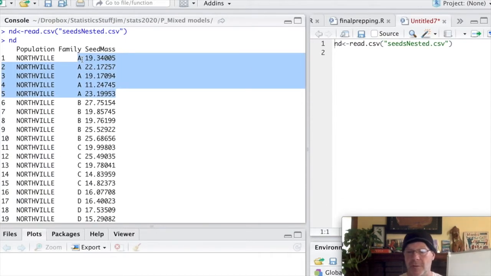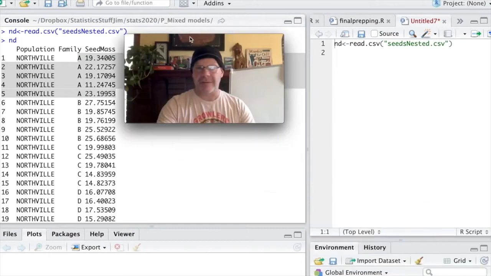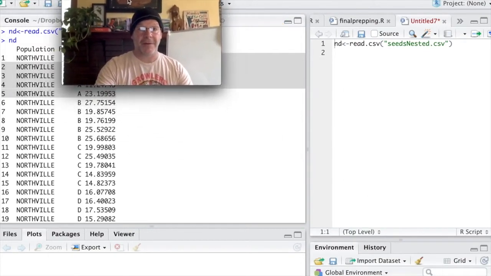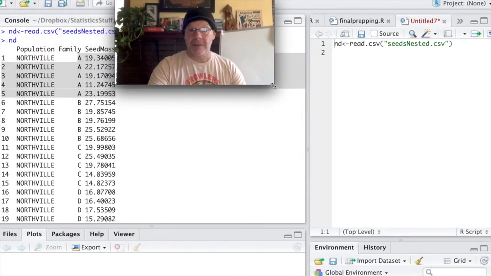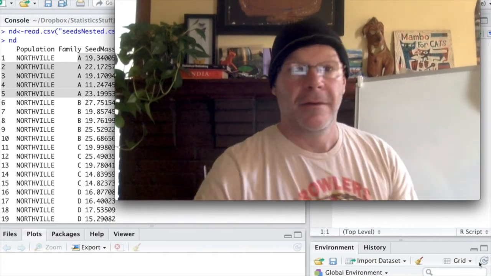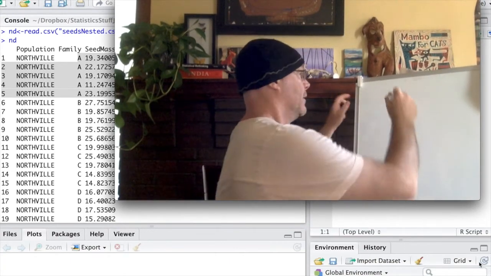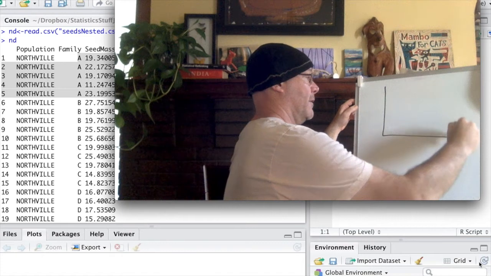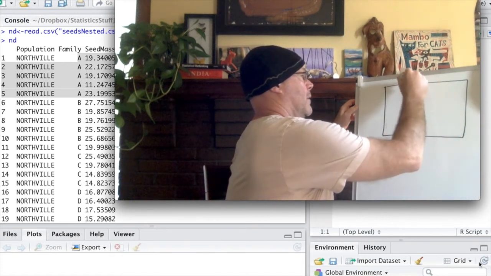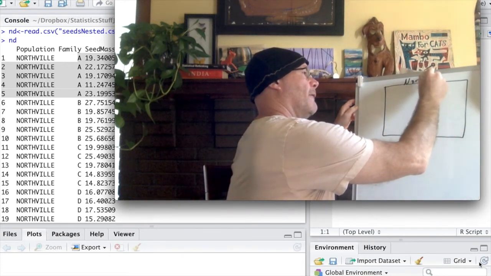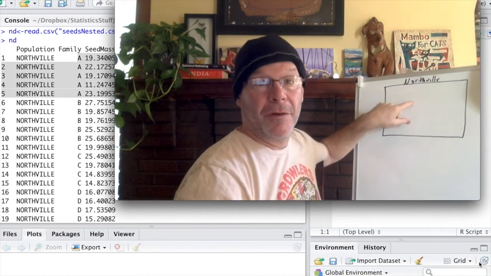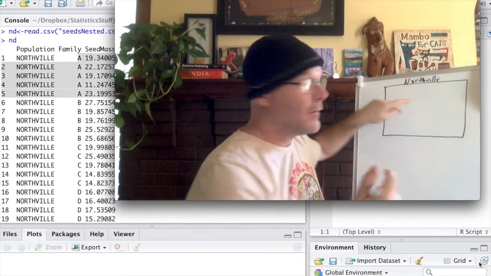And so this is what we mean by a nested design, because what do we have? If I were to look only at Northville here, within Northville, we took 5 different families.